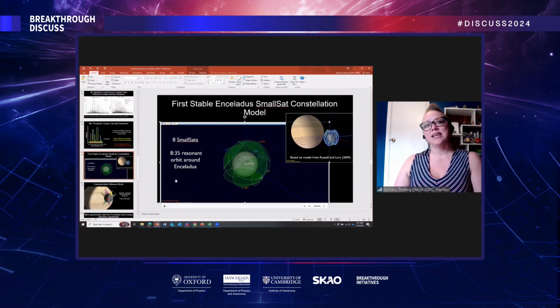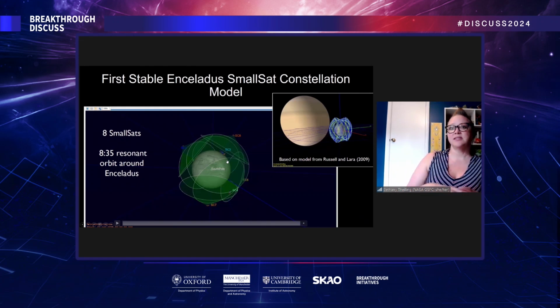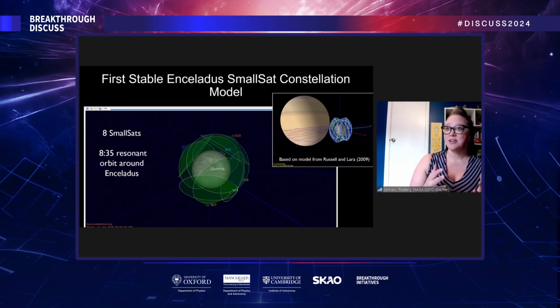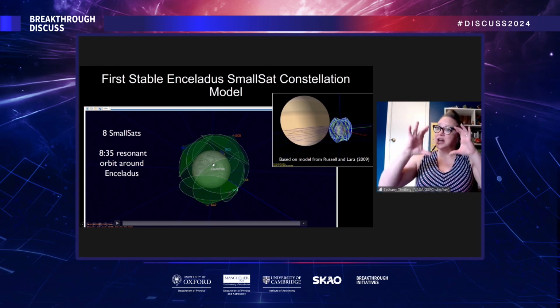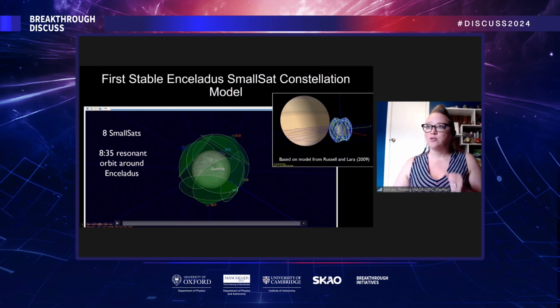What you should be able to see is that there are 8 spacecraft orbiting Enceladus. I want to be very clear, this is not a mission concept. We wanted to come up with a very, very complicated scenario that would basically be impossible to work with. So we had 8 small sats orbiting around Enceladus. I have it rotated so you can see the South Pole, where those really cool cracks are that have the geysers.